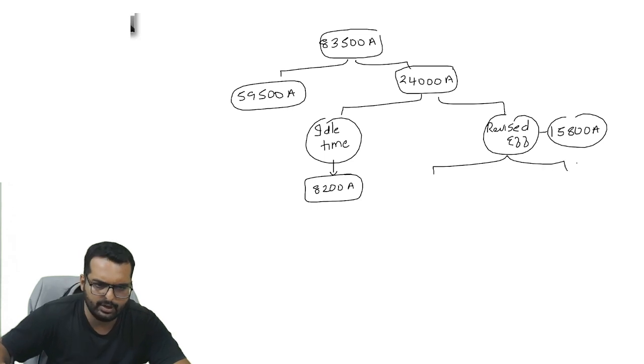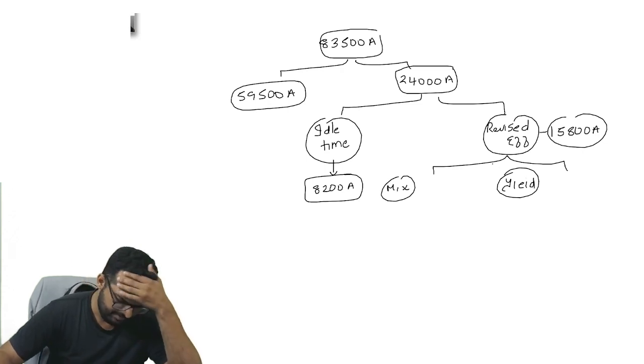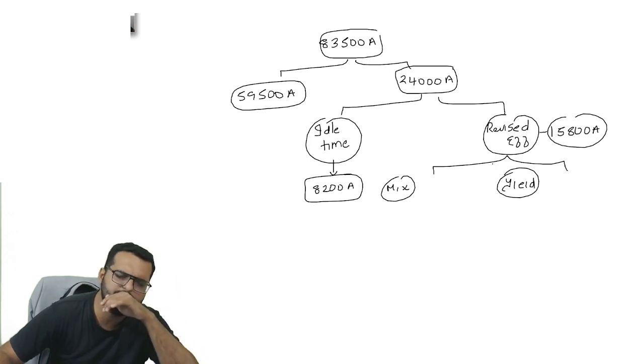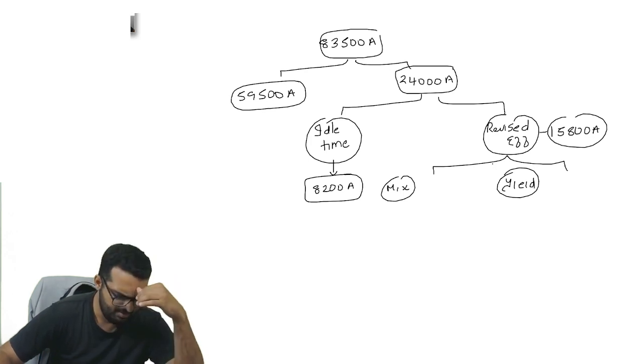Then inside this, you can do one thing. You can show mix and you can show yield in that case. When you do the table, you will be getting a different answer in that case, right?